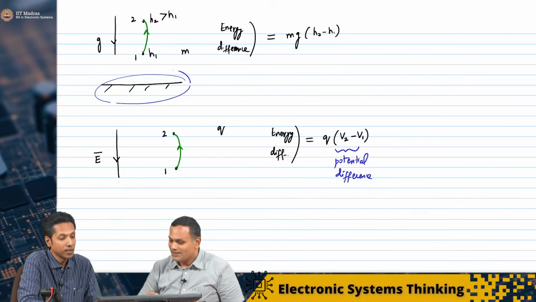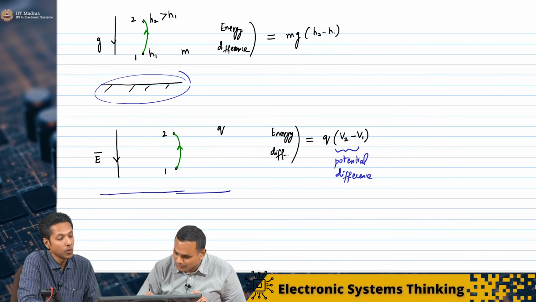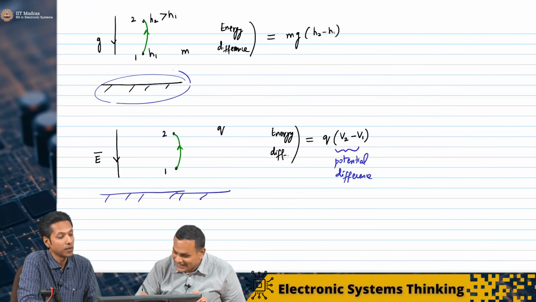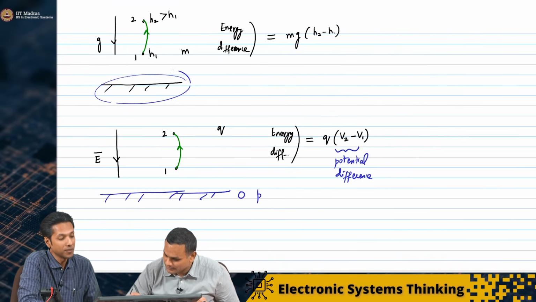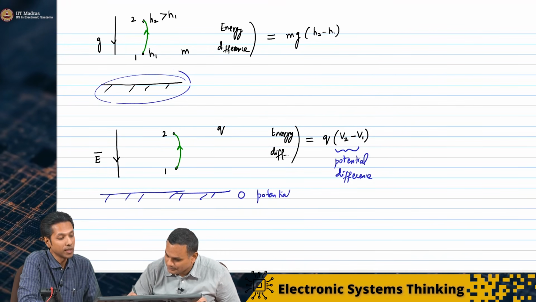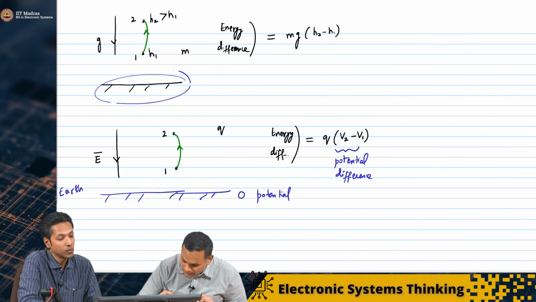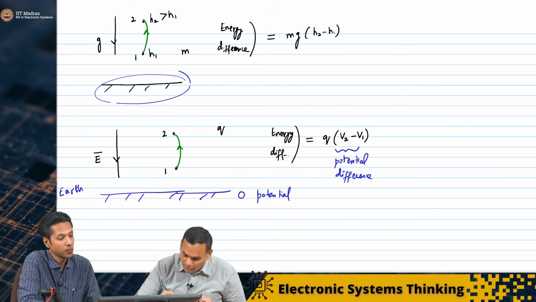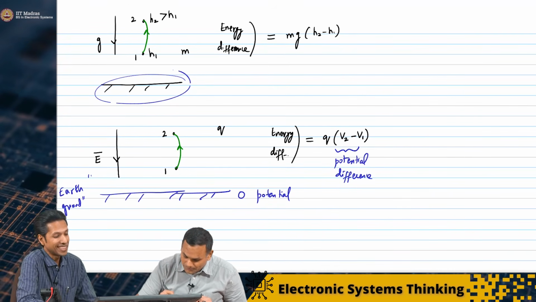Same way, we think of something called electrical ground, which is at 0 potential. So there is the concept of earth potential or ground potential.